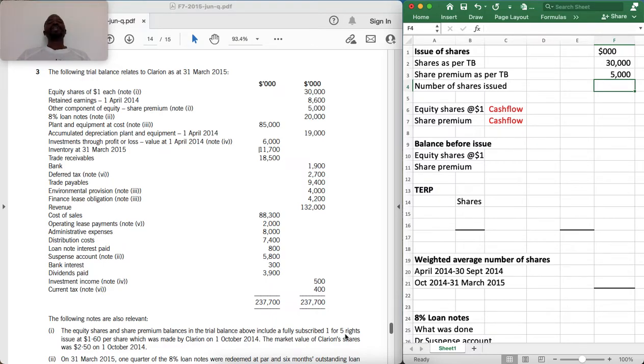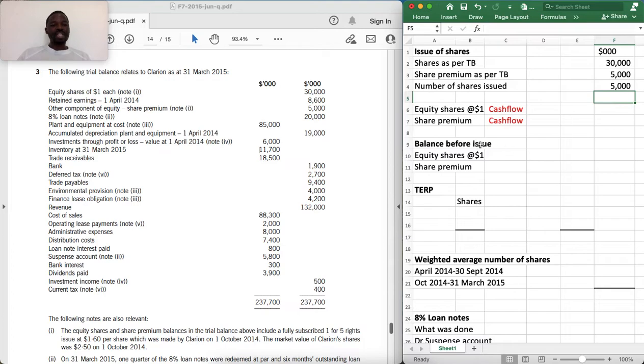Each shareholder now has 6 shares, so we are going to divide the figure that we have by 6, because before the issue each shareholder had 5 shares, but after the issue each shareholder has 6 shares. So how many shares were issued? Only 5,000 shares were issued.